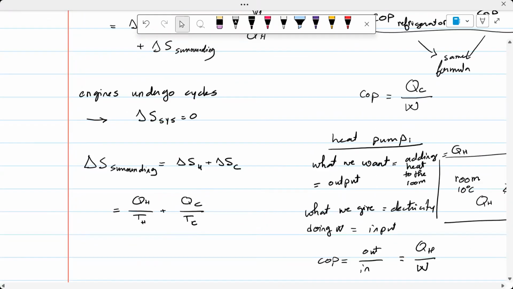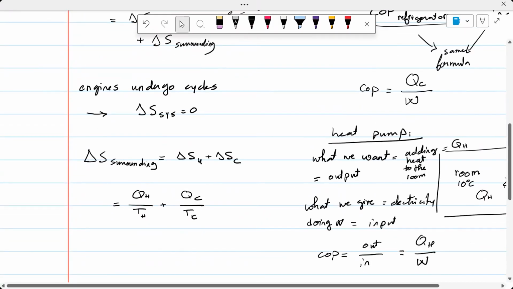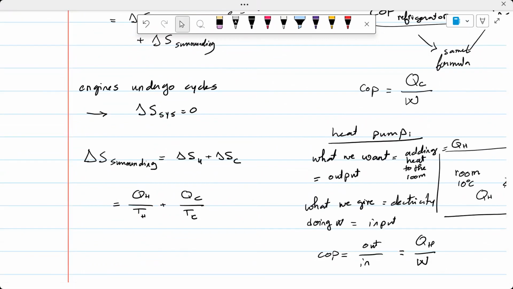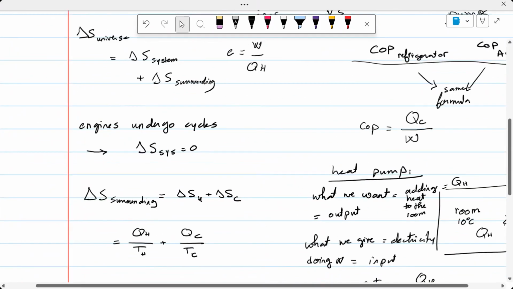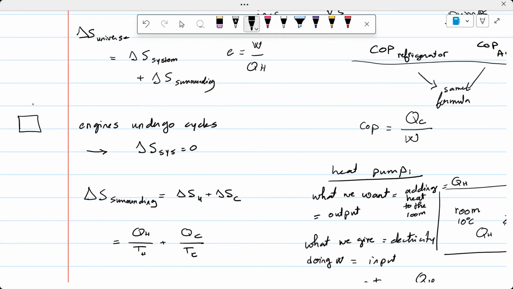So why did we write the delta S surrounding is delta SH plus delta SC? What is surrounding the engine substance? So remember, in an engine, we drew it in the previous page. In the engine, I am allowing some heat to flow into the system. The system expands, it does work. And then the system compresses and releases QC.